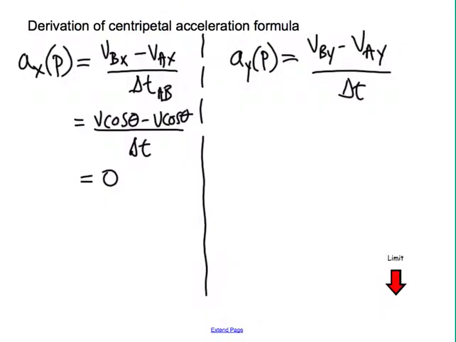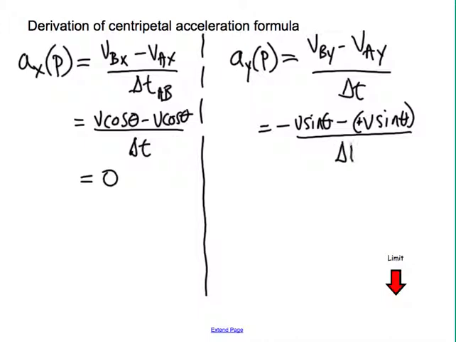When we write this down, this will equal minus v sine theta, that was B, plus v sine theta, that was A. I put a plus sign in there because that one did not have a negative sign in front of it. All of that divided by delta t. This does not cancel out to 0. This will actually equal minus 2 sine theta times v, all divided by delta t. Now that is not 0.